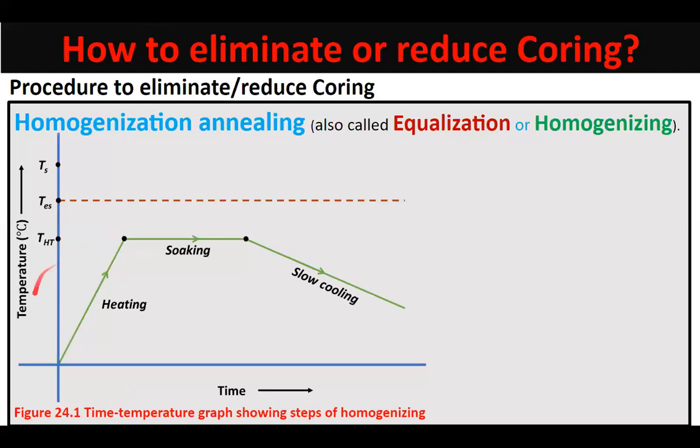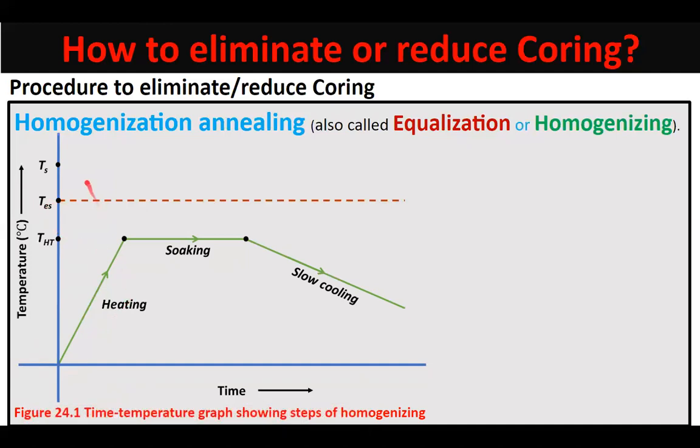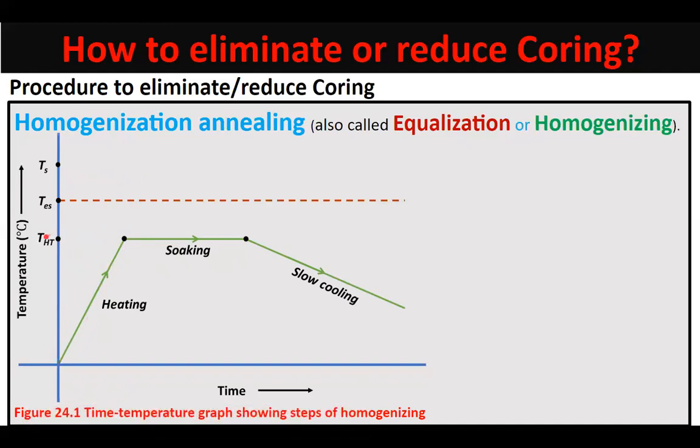Another blunder that you can make is that you did not know that you have to be below TES. Rather, you thought that you have to be below the equilibrium solidus temperature, and with that confusion or mistake, during reheating you choose your heat treatment temperature to be somewhere above TES, below TS, but above TES.